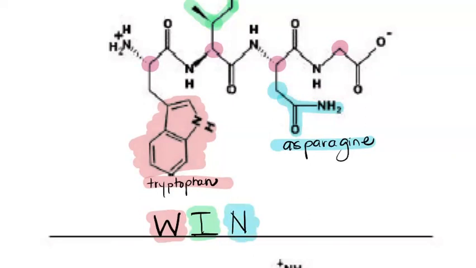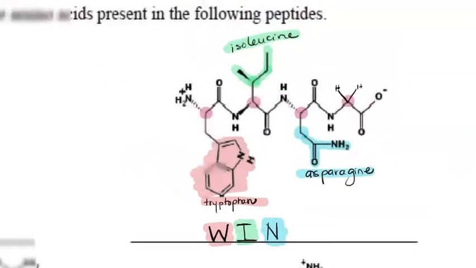And lastly, we have the amino acid that has 2 hydrogens connected to the alpha carbon. What is that amino acid? The one that has 2 H's.